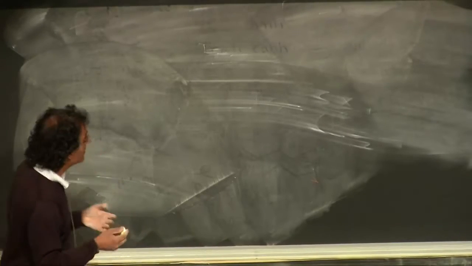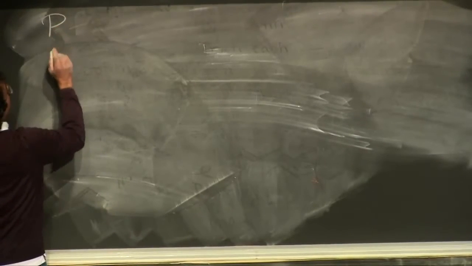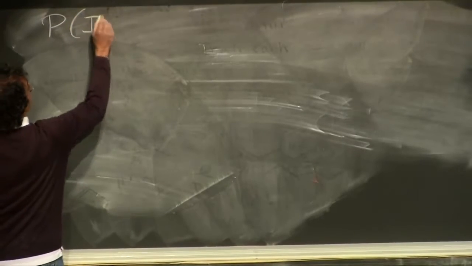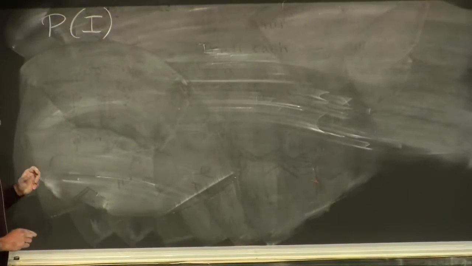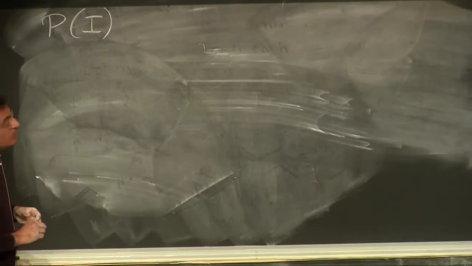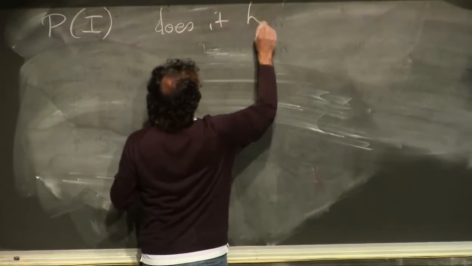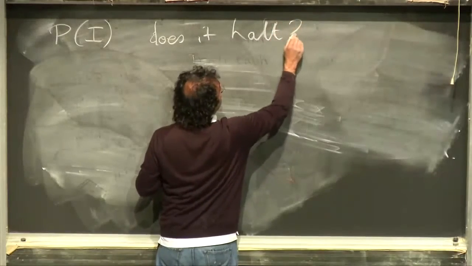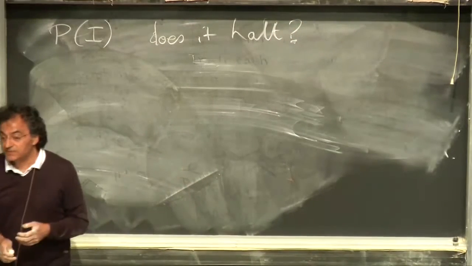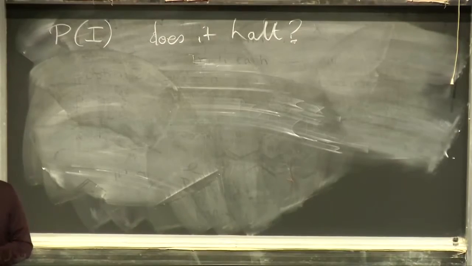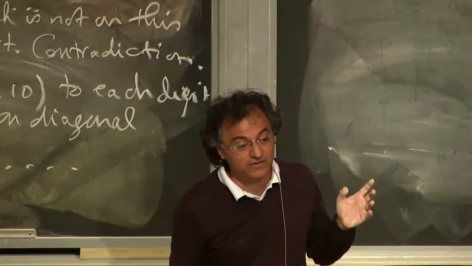Or even if you're given a program and you're running it on input I, you want to know: does it eventually halt or does it stay in a loop? Does it loop forever or does it halt?